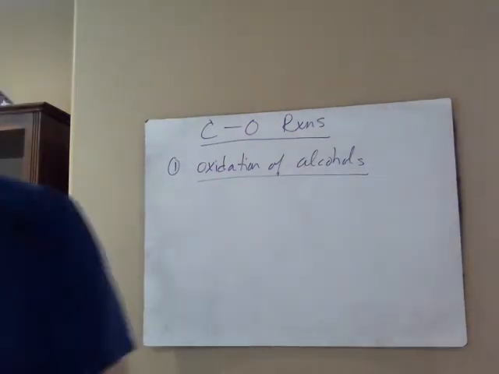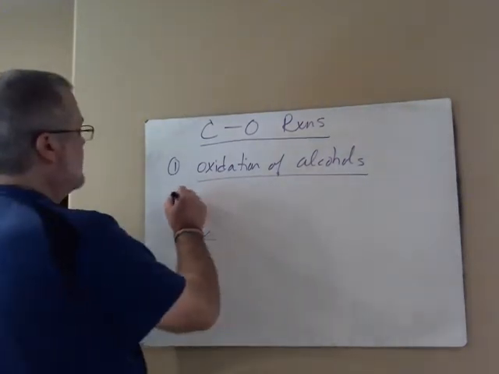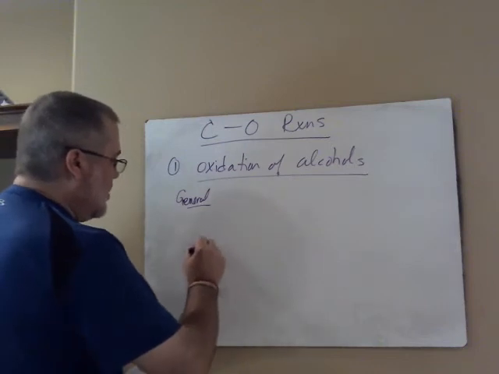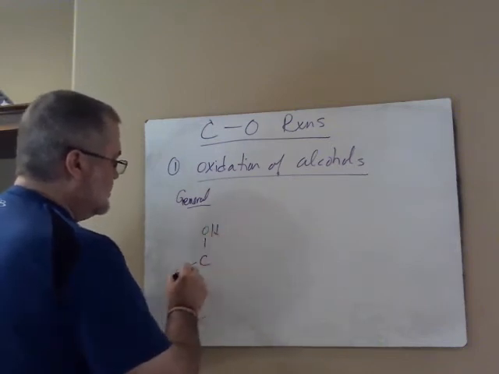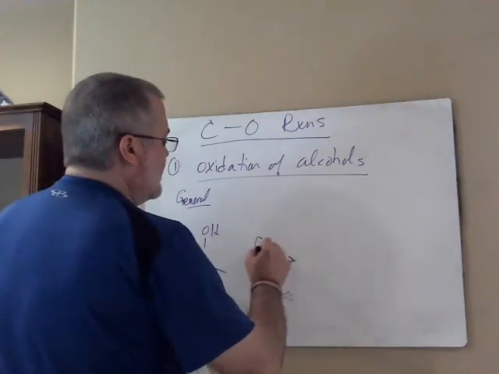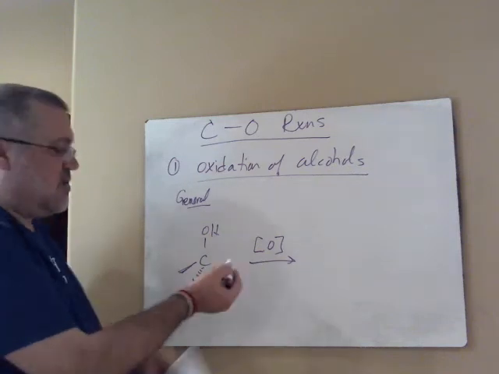So that means that we're going to be taking, in a general sense, alcohols and we're going to be oxidizing them. And again, I'm going to use O in a bracket to show that we're oxidizing.